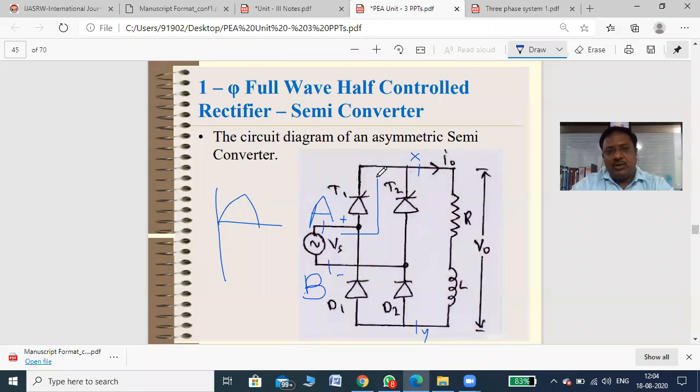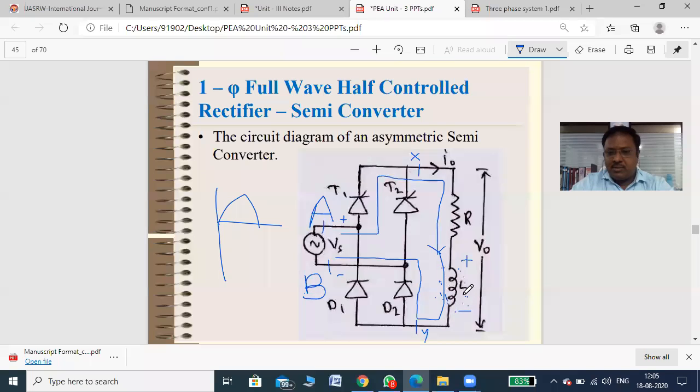Very good. Continue. Because of forward biasing of thyristor T1 and diode D2, our positive current is flowing through the RL load in the downward direction. As time increases, the voltage amplitude decreases, and because of that decrease, our charged inductor starts to supply back to the source.